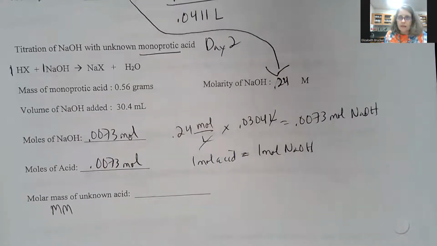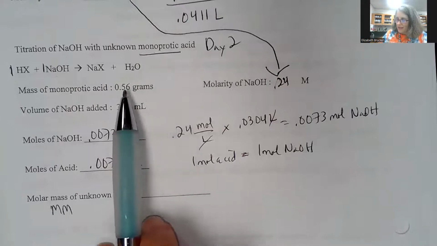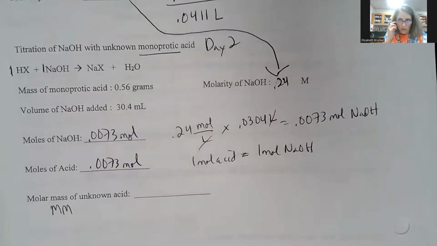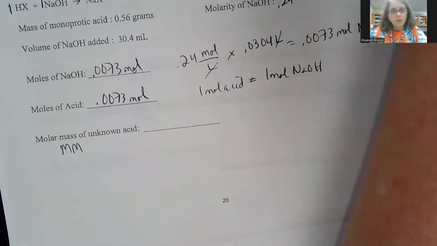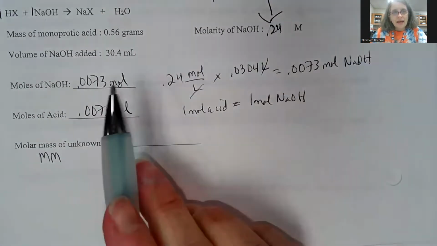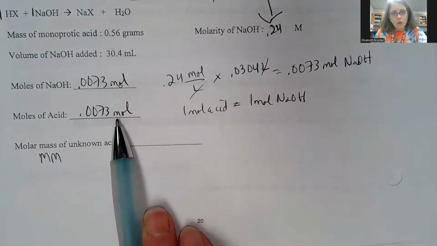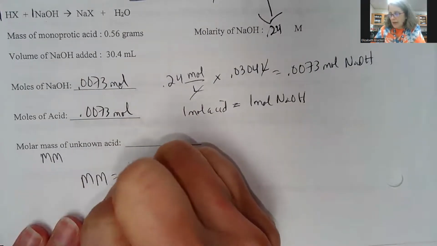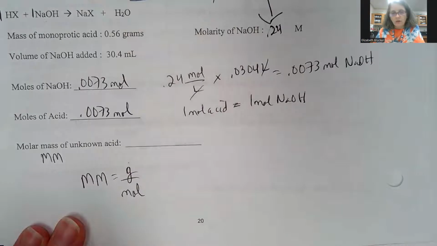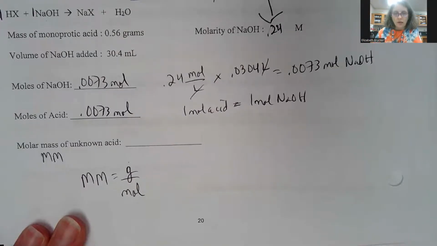So finally, this is the weird step. I have grams here. The acid we're using, we're not using a pipette because it is a solid. And since it's a solid, I have a little different last step than you saw on day 1 when you were finding the molarity. Instead, I have grams and I know the moles. Well, molar mass is grams over moles, from a long time ago when we did a lot of stoichiometry.